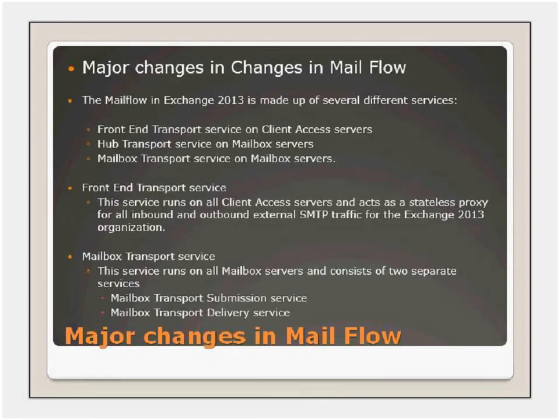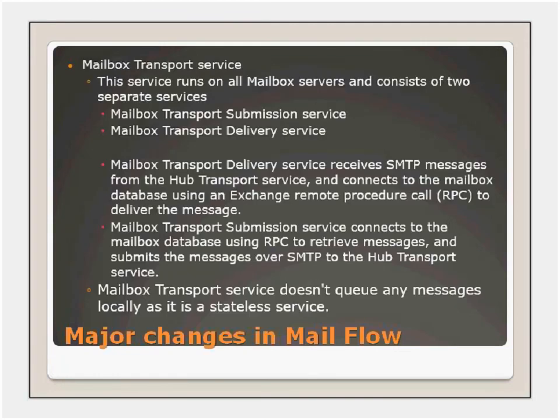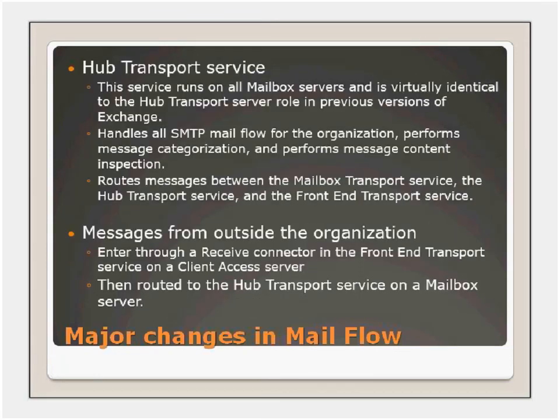Okay, so there is one thing which you need to understand. The queuing is only possible on a stateful proxy or a stateful service, and of these 3, the hub transport service is the stateful service. Okay, so there is one question which comes up: how is the mail flow?